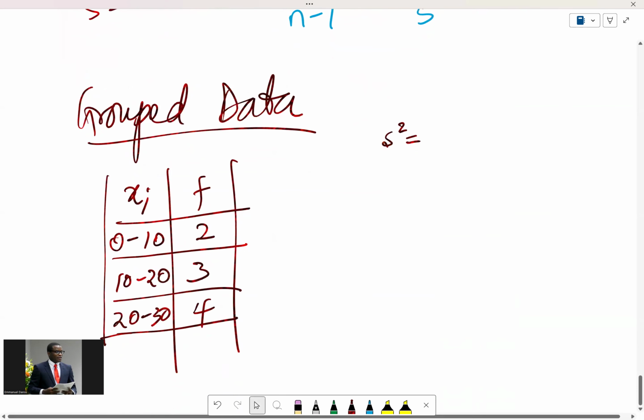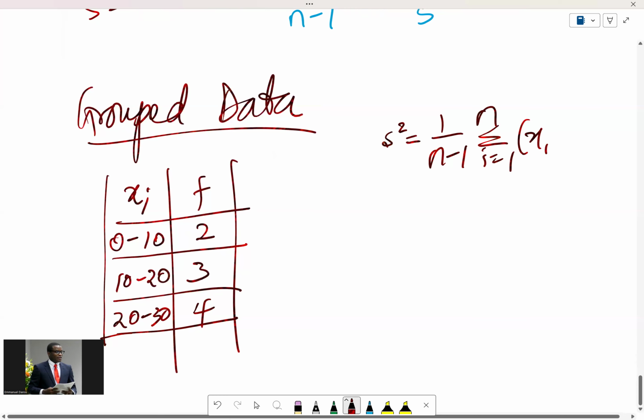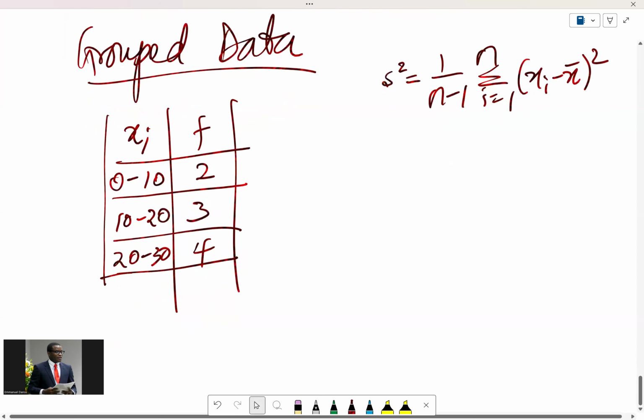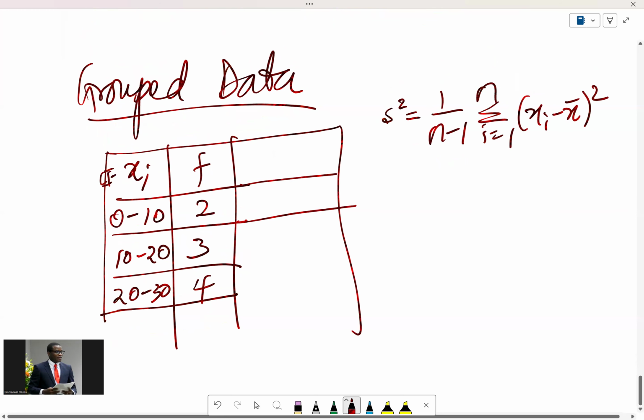So the variance S squared is still 1 over n minus 1, summation from i equals 1 to n of xi minus x bar all squared. Here now, because we have a range, a class interval, which is what I've always called ci, we need a single value.